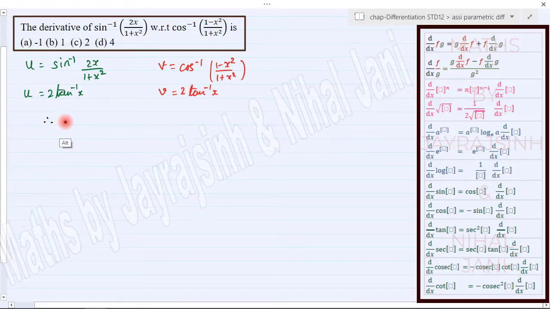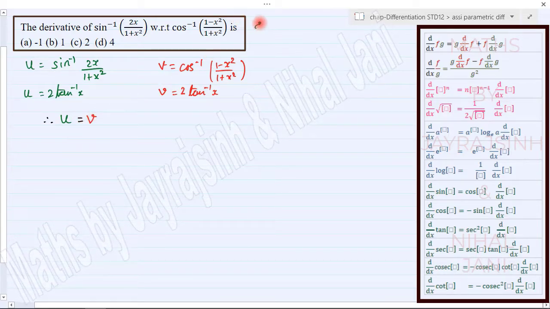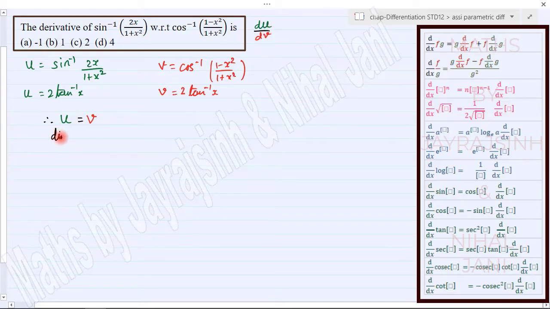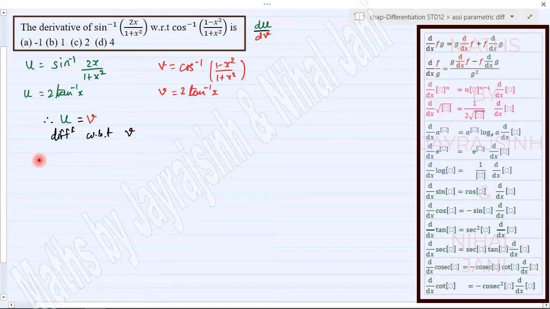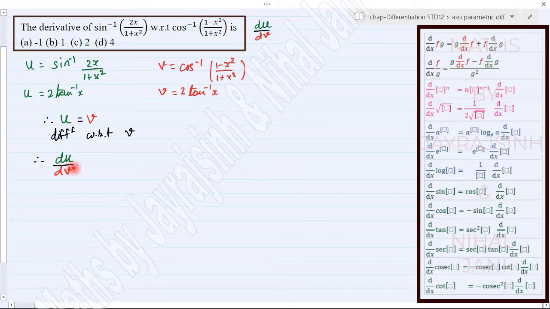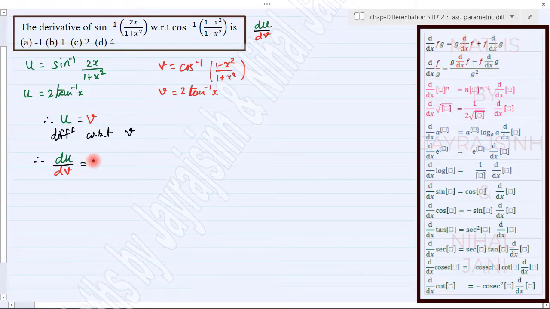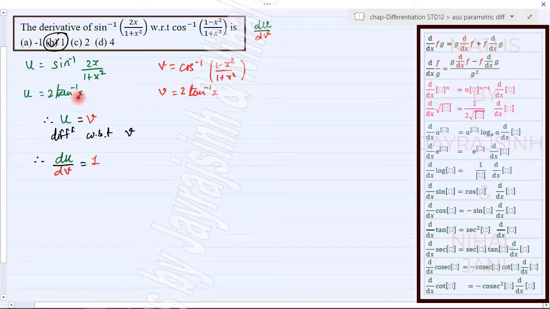So we can say here u is the same as v, but we have to find du by dv. So we have to differentiate our equation with respect to v. So we will get du by dv is equal to the differentiation of v, which is 1, which is given in option B. Ta-da!